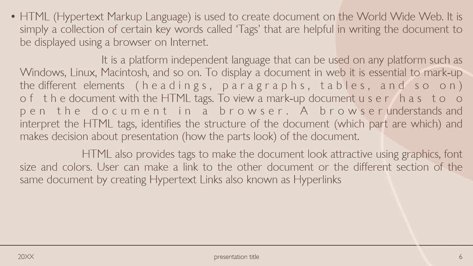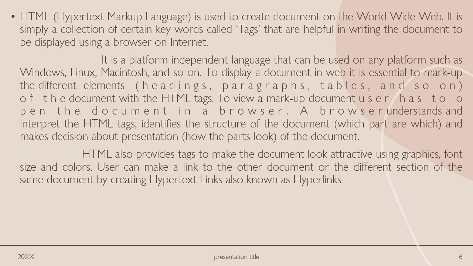To display a document in web, it is essential to mark up the different elements like headings, paragraphs, tables, and so on of the document with the HTML tags. To view a markup document, the user has to open the document in a browser.